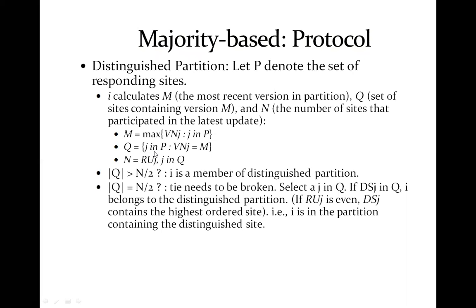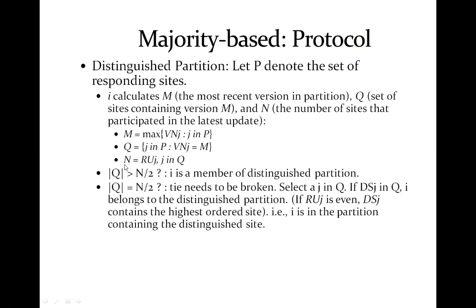Suppose three sites have responded, and only two have the maximum version number. So J will be 2. Suppose only one of the three has the maximum version number. So J will be 1. So Q is determined by J, whether 1, 2, or 3, depending upon how many of the sites that responded have the maximum version number of the replica.